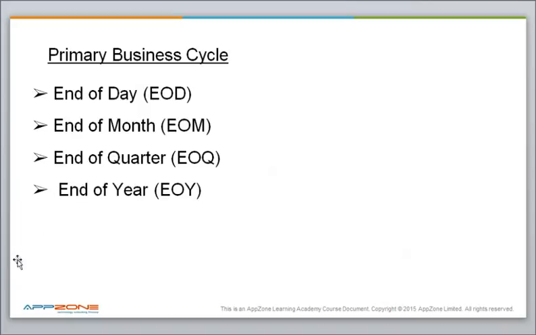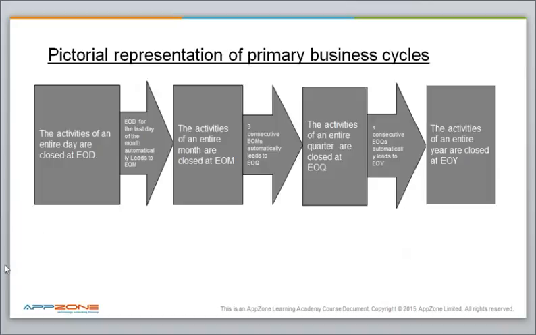For end of day business cycle, this business cycle entails the recording of all the activities that happened in a particular day, ranging from sales to things like cash deposits, cash withdrawals, loan disbursements, journal entries, etc. All these activities are recorded daily, and at the end of the day, a business cycle called end of day would be activated.